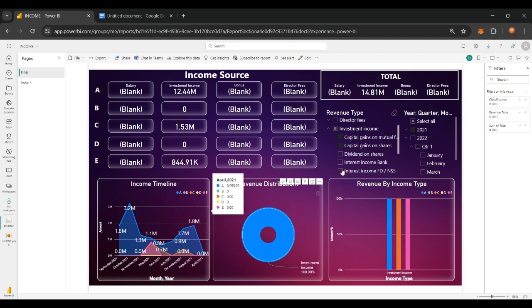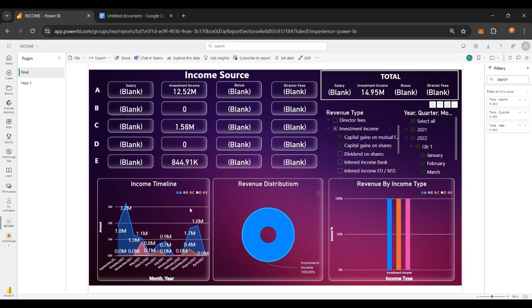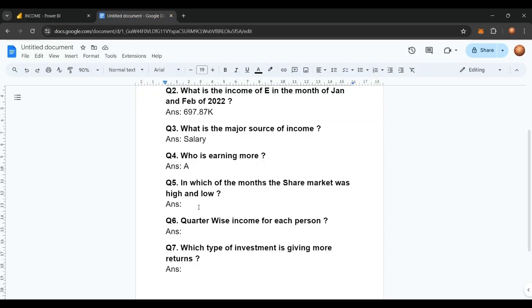Now selecting all the years, we can see that October 2021 was the month when the share market was giving higher returns, and for the lowest, we can check, it was April 2021. So the answer is: high was October 2021 and low was April 2021.